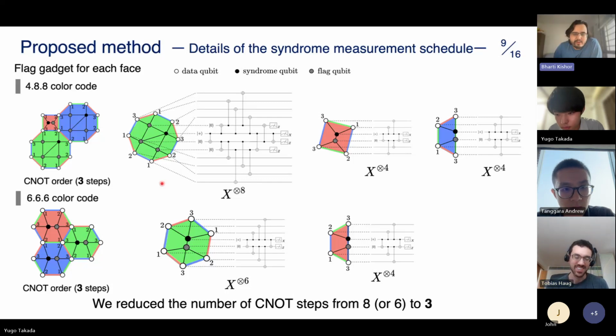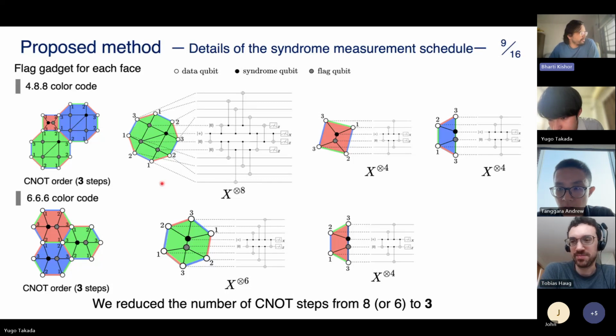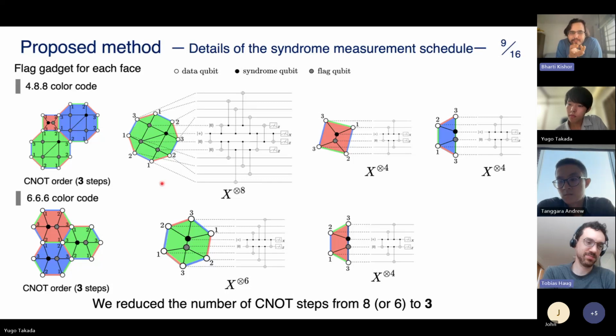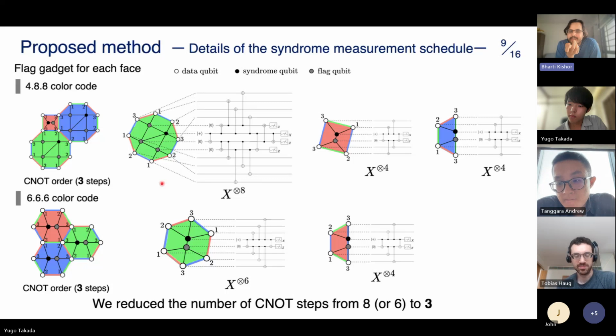I don't know how these things compare with the three-step process by Hastings. Hastings has this weight reduction technique, so there are different approaches. One can try Hastings' approach. Then on top of that, there is Floquetification.